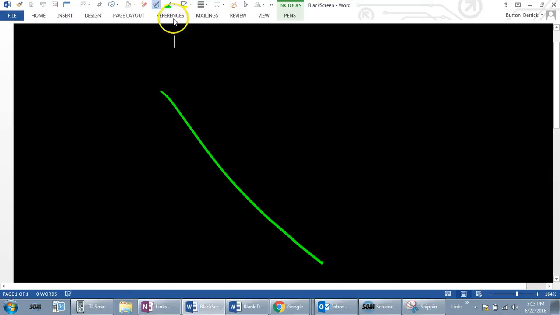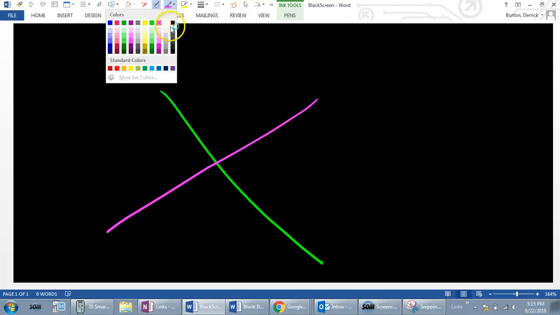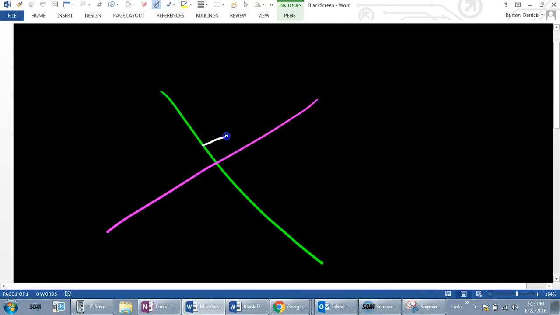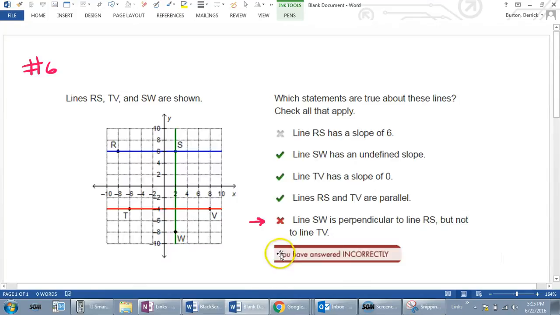So if this green line is going to be perpendicular to this pink line, it means, by definition, that they form a right angle, a 90-degree angle. Okay, so line SW is perpendicular to RS. Let's check that part so far. Okay, so line SW is perpendicular to line RS. Is that true so far?